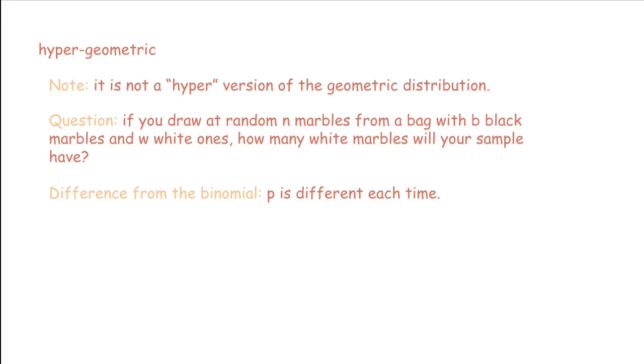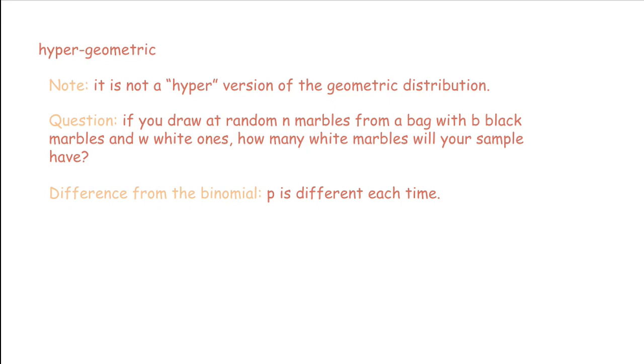On first glance, it might seem to be just the binomial again, but with marbles instead of a coin. You still have a series of trials, each with 2 possible outcomes, heads or tails, black or white. But the difference is that in the binomial, the chances of heads is the same each time.